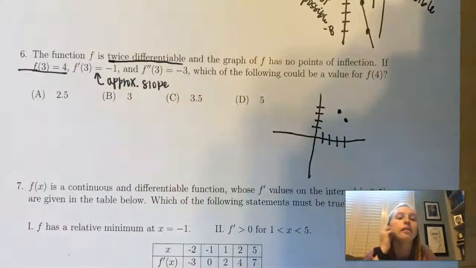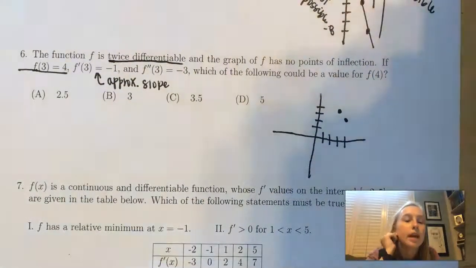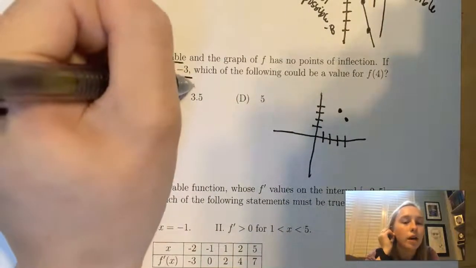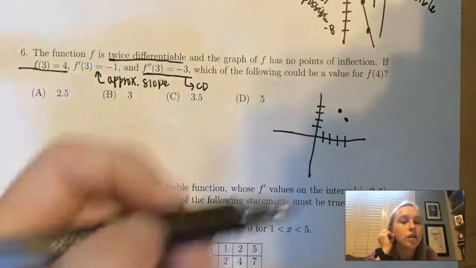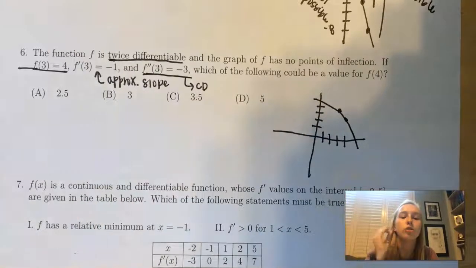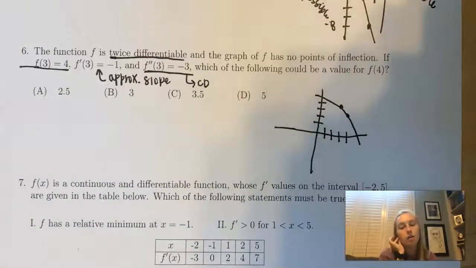And finally, we're given that f double prime of 3 is -3. And what this is really good for is concavity. So we know that this is concave down. So I just drew a rough concave down function through those 2 points to kind of visualize the problem.